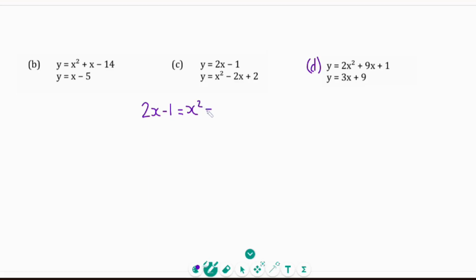Both equal to y. Let's put them equal to each other. Got an equation all in x. Now I'm going to take 2x off both sides. Now I'm going to add 1 to both sides.